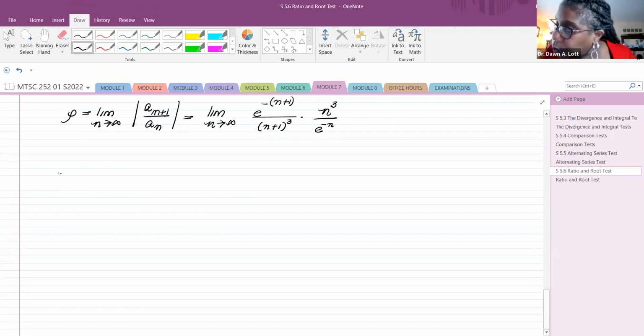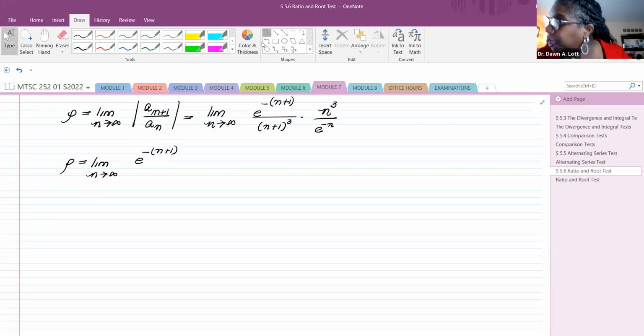Okay, again, I like terms over like terms. So this says rho is the limit as n approaches infinity of e to the negative n plus 1 divided by e to the negative n, and then n cubed divided by n plus 1 cubed.